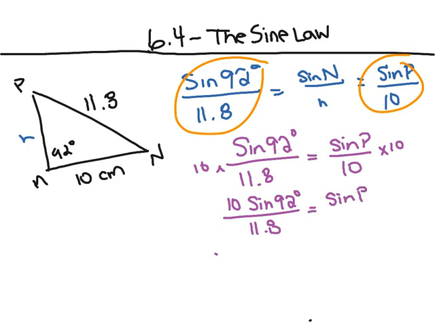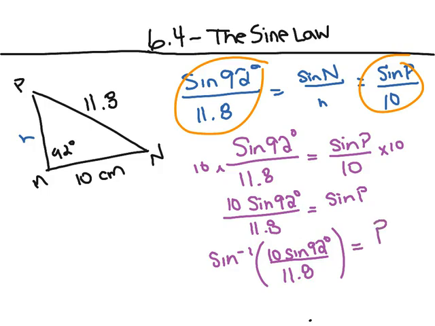Then we have to take sine to the negative 1 of 10 sine 92 divided by 11.8. If you type this all into your calculator, you should get 58 degrees equals your p.